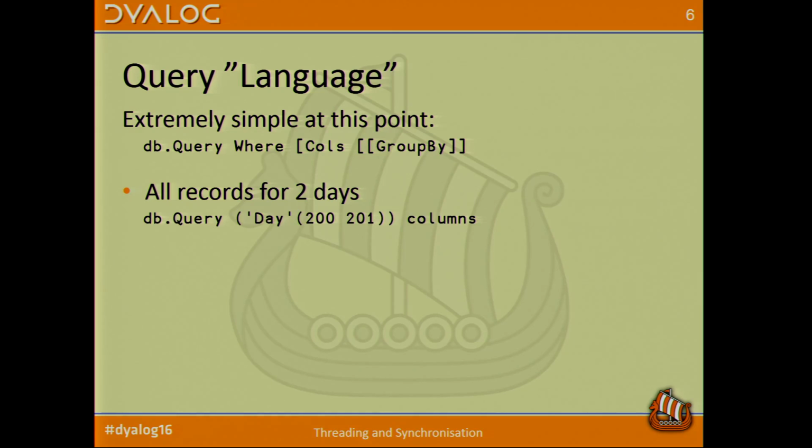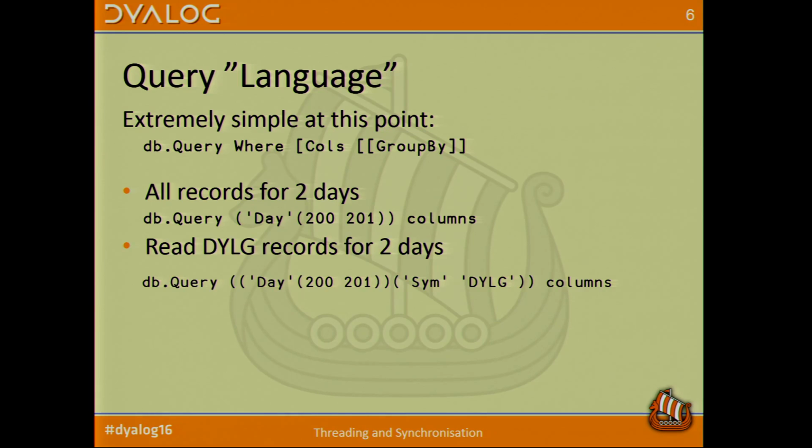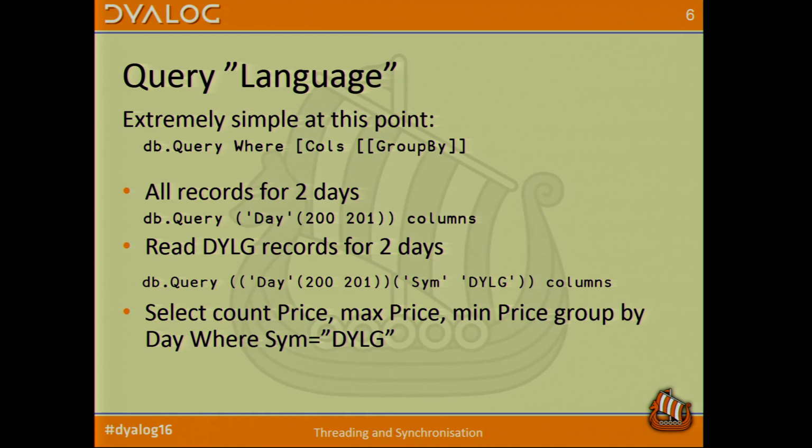So if you wanted all the records for days number 200 and 201, you would just pass in something with a column name and then the values that you're searching for. If you wanted all the dialog records for those 2 days, then you can just specify tuples of column names and values, and they're always at the moment just ANDed together. So again, that's something that's likely to be extended quite soon.